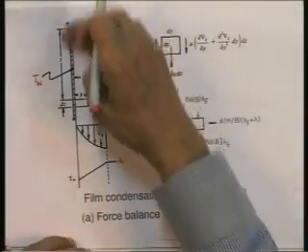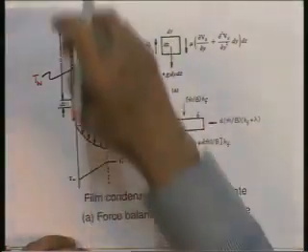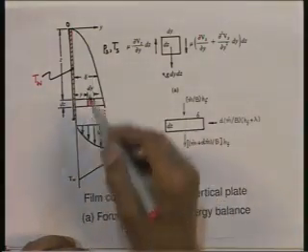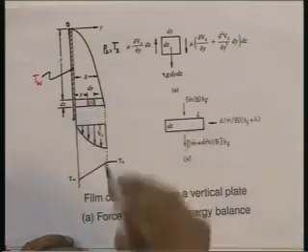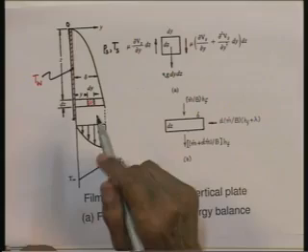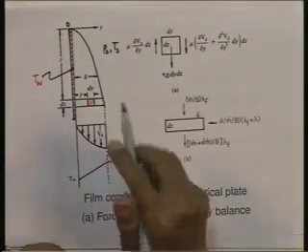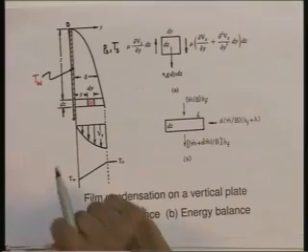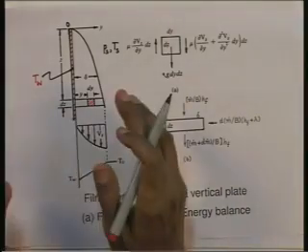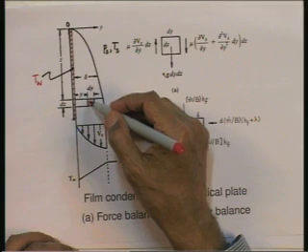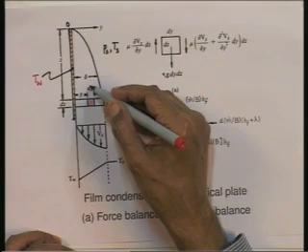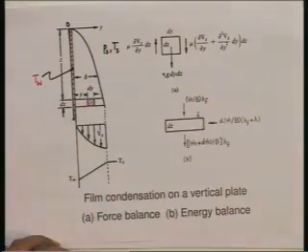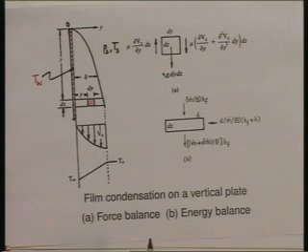If I want to apply it for the z direction, the direction of flow, it will say net z direction forces acting on the liquid inside this control volume are equal to the rate at which z direction momentum leaves this control volume minus the rate at which z direction momentum enters this control volume. That is what Newton's second law will state if applied to this control volume.